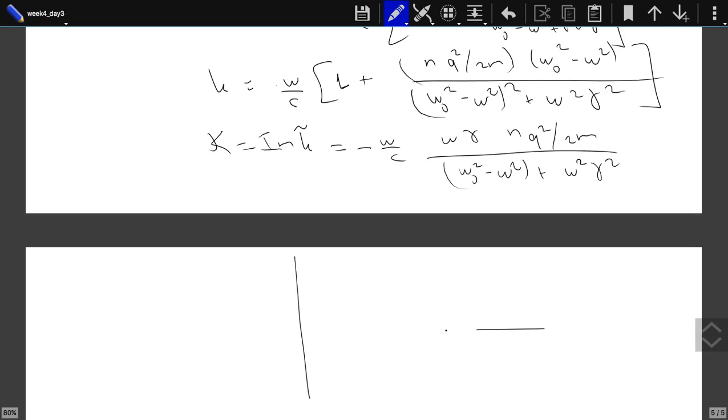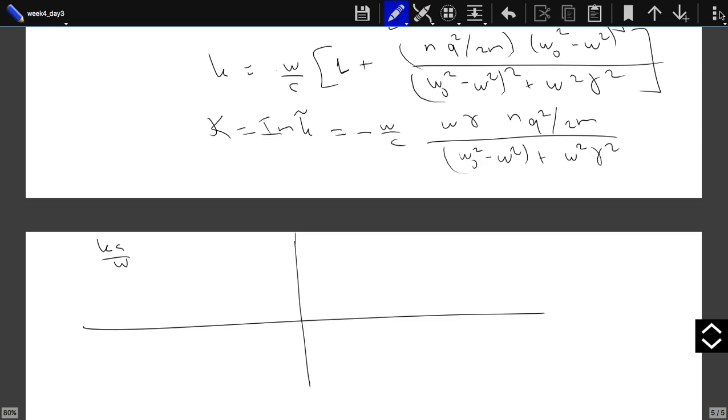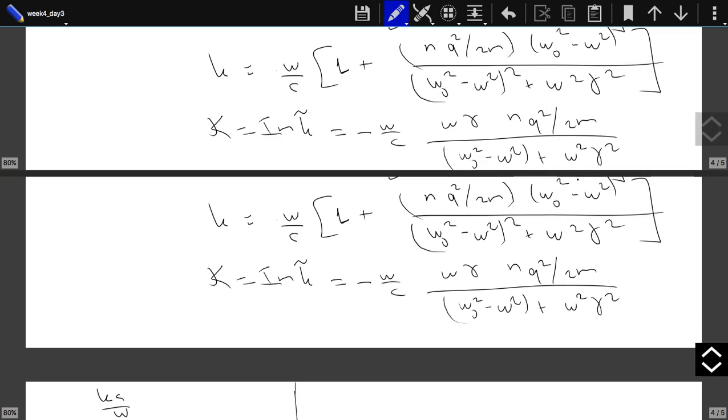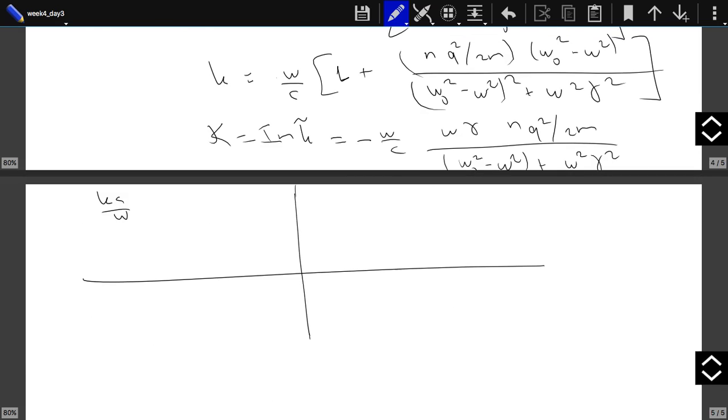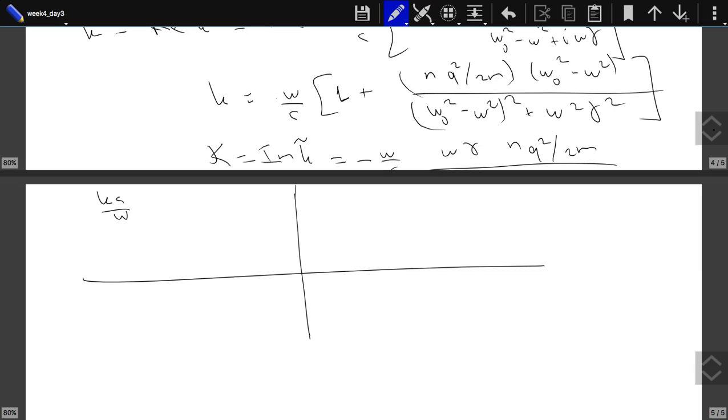Well, let's see. Let's try to sketch kc over omega. If you look at that top line, kc over omega is just 1 plus that number.